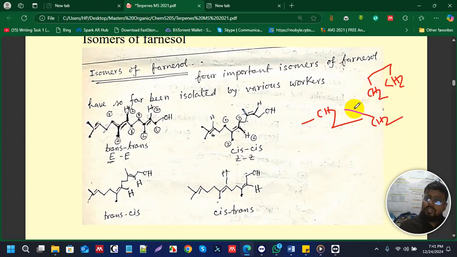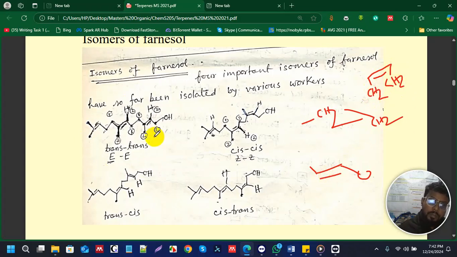When CH2 is in the opposite position, it would be trans. This is a double bond. This is a CH2 group, and this is a CH2 group. These CH2 groups are in opposite positions, so you can say that it's a trans. It is a double bond. This CH2 is on the same side, so you can say that it's a cis.